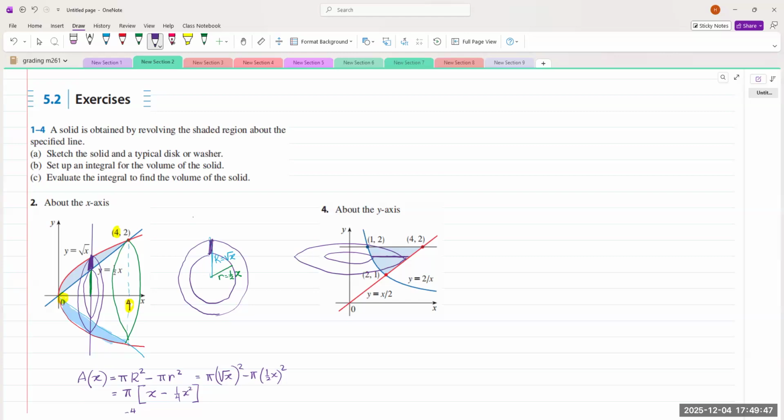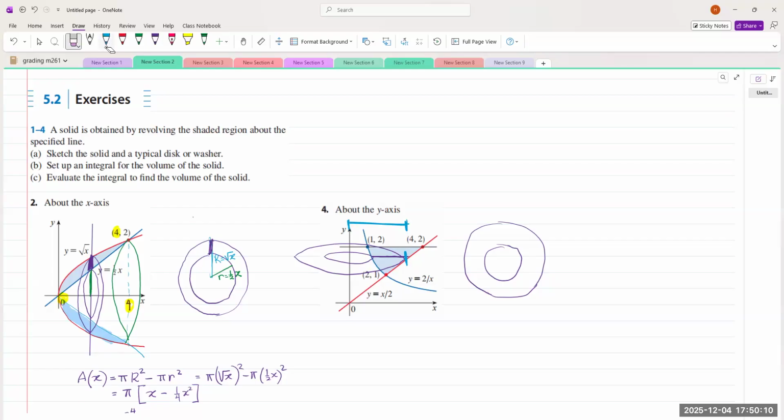Okay, if we make it facing us, then this will be the big radius here from the y-axis to this part here. Do you see that?